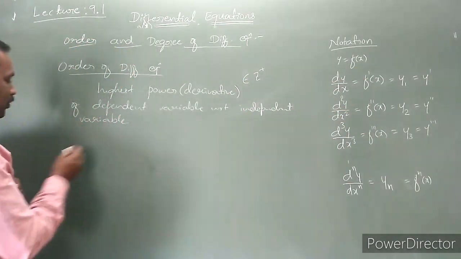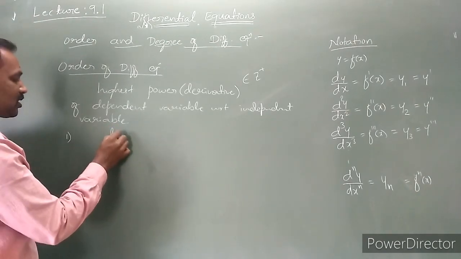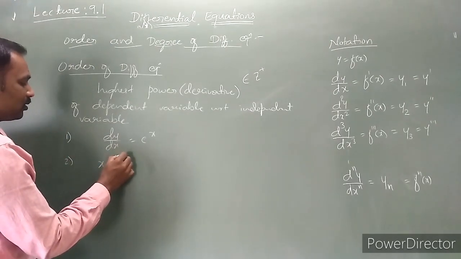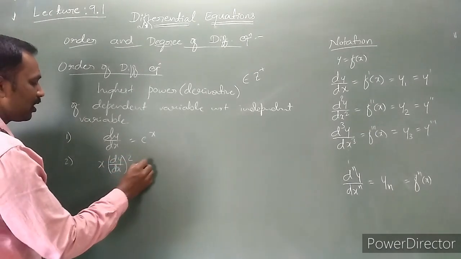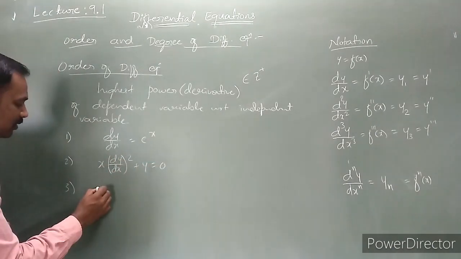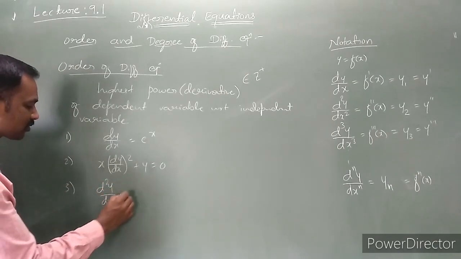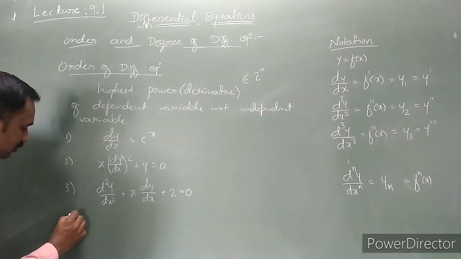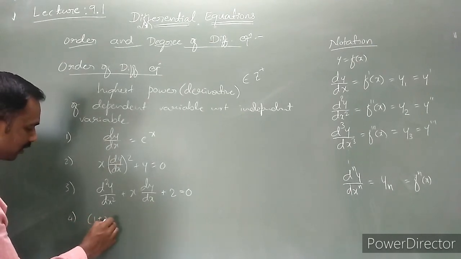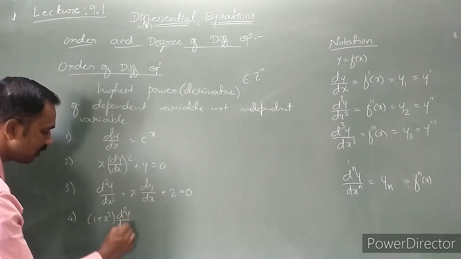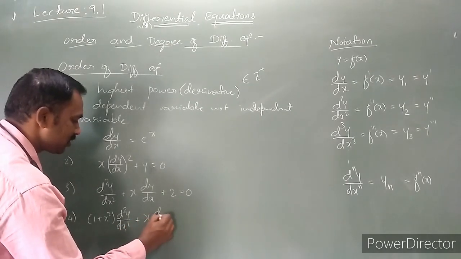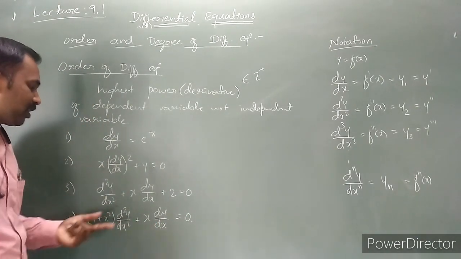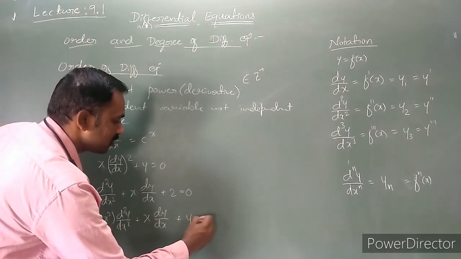I'll take a few examples, as previously also. dy by dx is equal to e power x; x into dy by dx whole square plus y is equal to 0; d square y by dx square plus x into dy by dx plus 2 is equal to 0; and 1 plus x square into d square y by dx square plus x into dy by dx plus y is equal to 0.